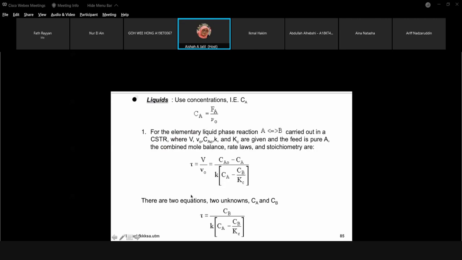This is the equation without using X. For example, for the elementary liquid phase reaction A to B reversible carried out in a CSTR, where you know the V, v naught, C naught, K and KC are given, and the feed is pure A, because it is just A to B, right? The combined mole balance, rate law and stoichiometry can be like this. You know about the tau? Tau is the volume V over v naught, the volumetric flow rate.